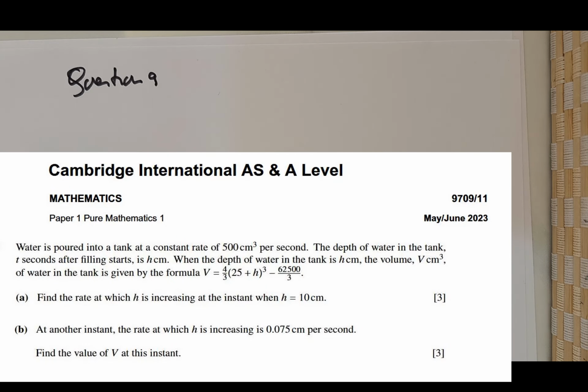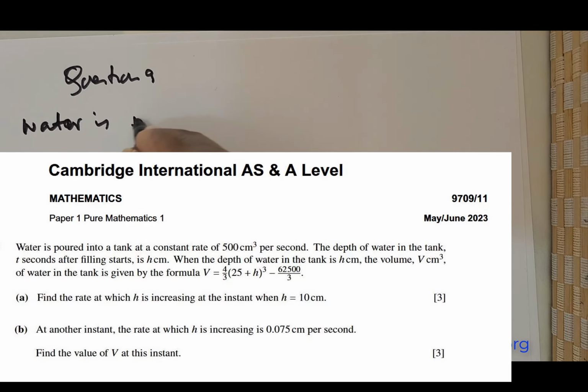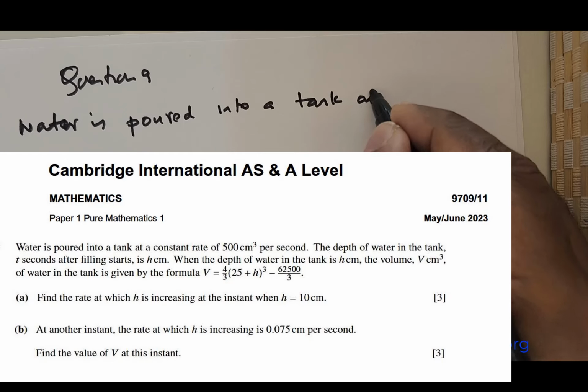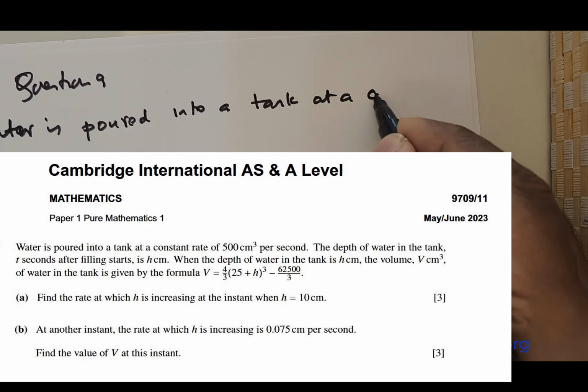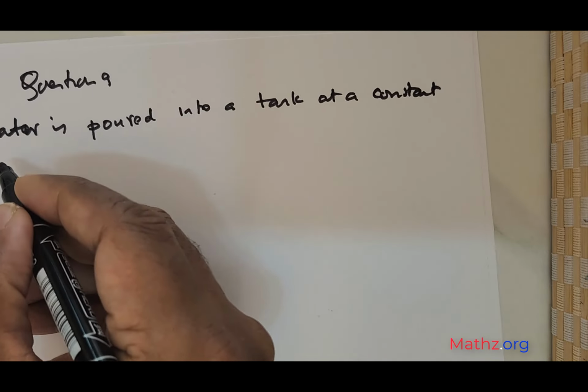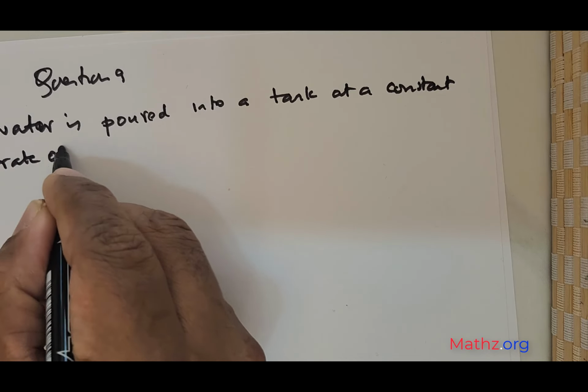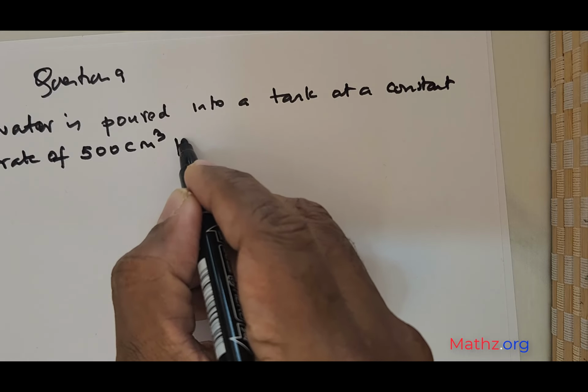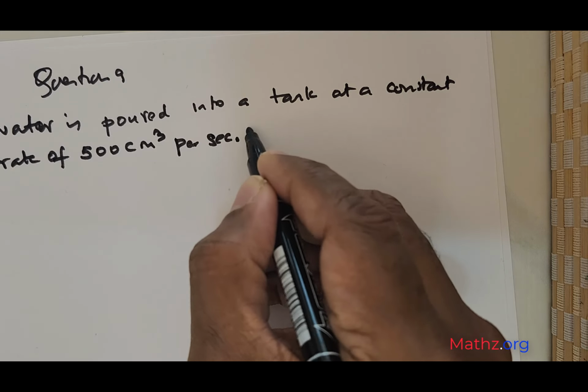Students, we will do question number 9, and let me write question number 9 now. Water is poured into a tank at constant rate 500 cm cubed per second.